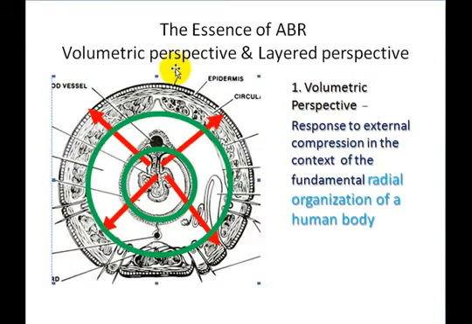When we talk about the essence of ABR, we have to cover two components: the volumetric perspective and the layered perspective. When we look at the cross section of the body, and I'm going to return to this over and over again, no matter how complex the shape of the body is externally, internally we still follow the original radial body plan. The volumetric perspective addresses this complete volume if we take any cross section.